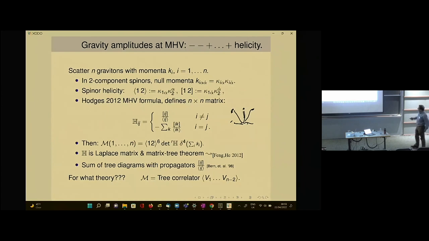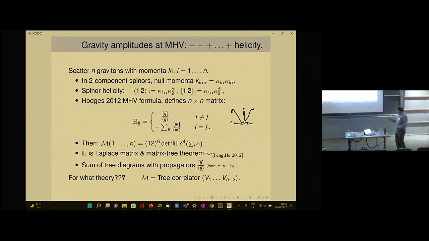So one of the things I hope to answer in this talk is, with tree diagrams, you start to think there's some theory there. Maybe there's some action, and maybe we can actually see some substructure in gravity that's unexpected. And that's one of the things I hope to tell you about in this talk. In fact, what we'll see is that this formula here is a tree correlator.